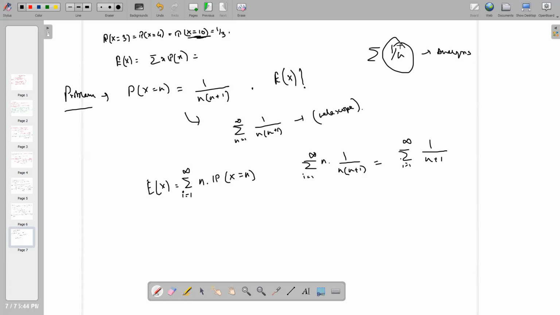Right? Yeah, that diverges. So what should be the expectation now? It's not well defined, and is it bounded?